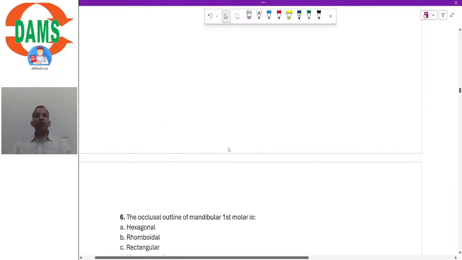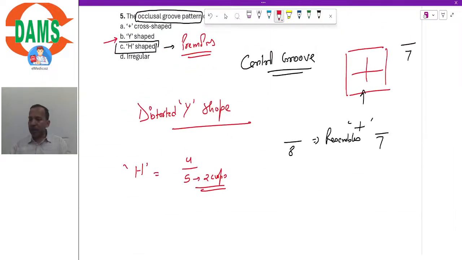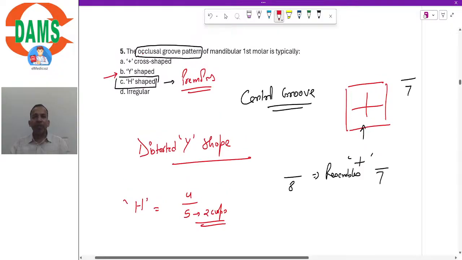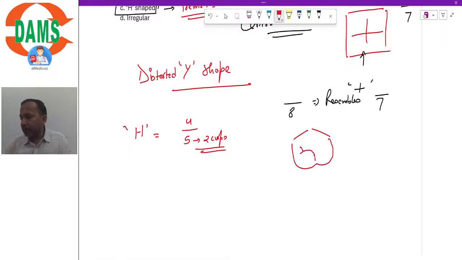And which premolar also shows a Y-shaped groove pattern? This Y pattern, apart from the mandibular first molar, where else is it seen? तो ये Y pattern एक mandibular first molar में तो हमने देखा. Where else is it seen? It is also seen in the mandibular second premolar, which is 3 cusp, right?